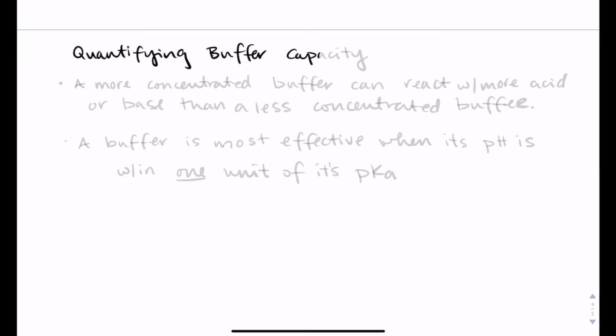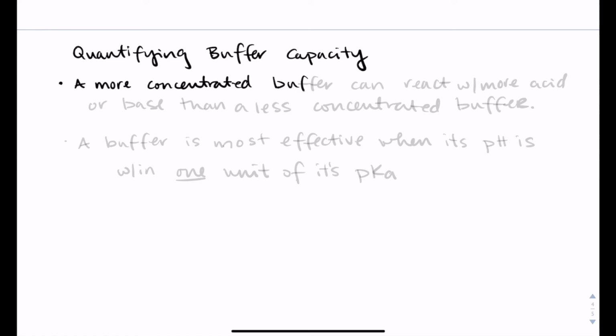All right, so quantifying buffer capacity. We've kind of already said this, but I'd just like to put some things out here so that you have the information. One, a more concentrated buffer can react with more acid or base than a less concentrated buffer. Right, concentration is just the number of moles in the volume. So if you have more moles in that volume, you can react with more things.